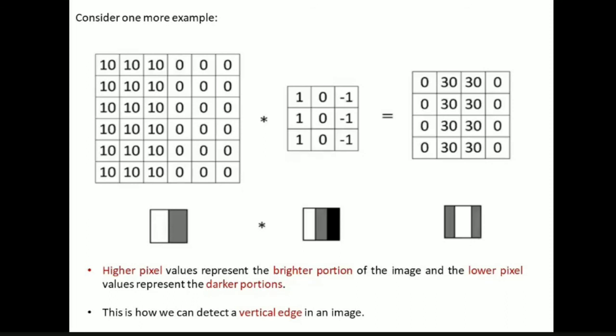Okay, so these higher pixel values represent the brighter portion and lower pixel values represent the darker portion. So this is how we are able to identify the vertical edge. Basing upon the pixel values in the filter, we can get either the horizontal edge or vertical edge from the input image.